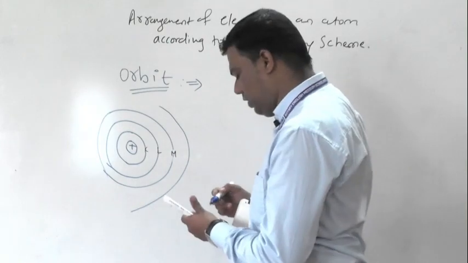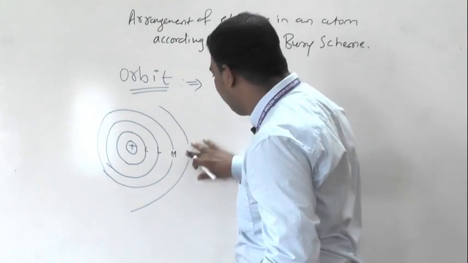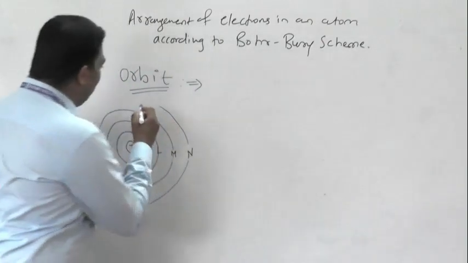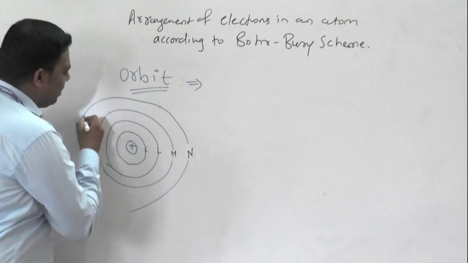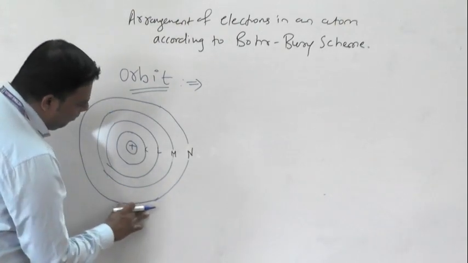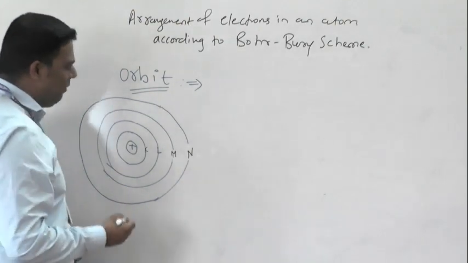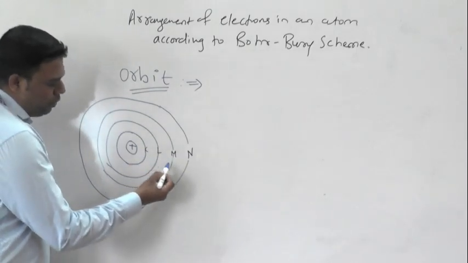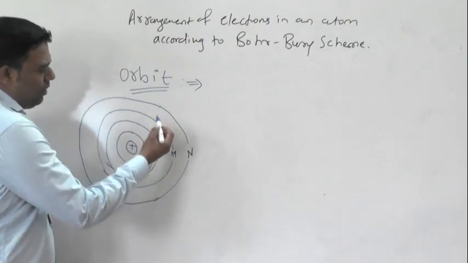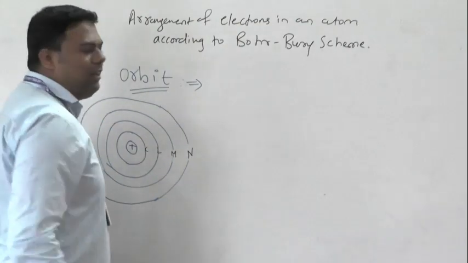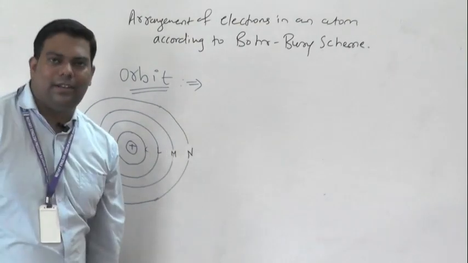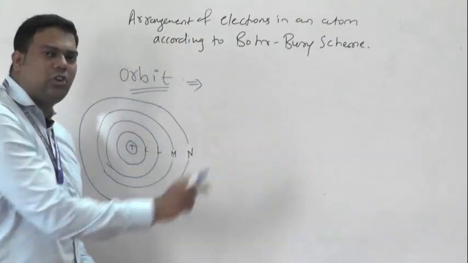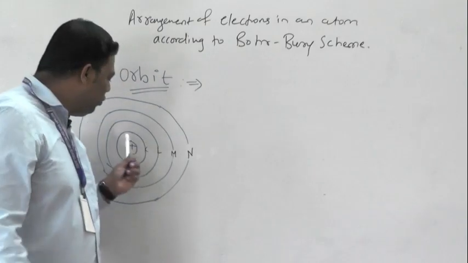This is the path of electrons. Here n is equal to 1, n is equal to 2 means the number of the shell. These are your orbits, the path of electrons, in which electrons are revolving in a circular orbit around the nucleus.